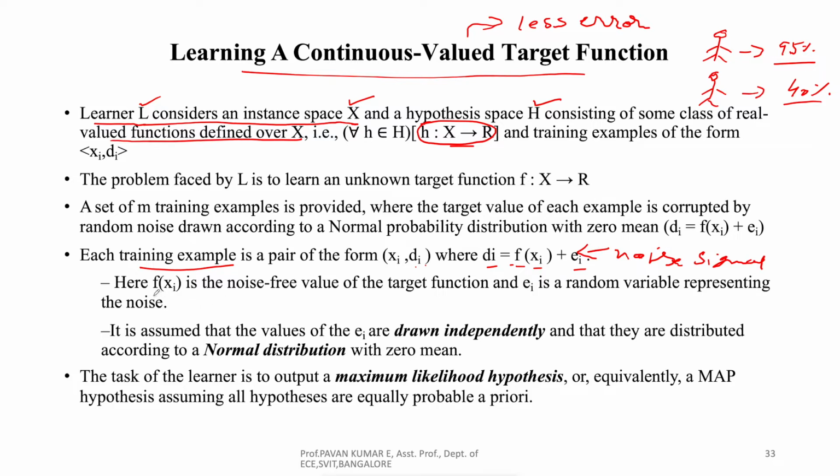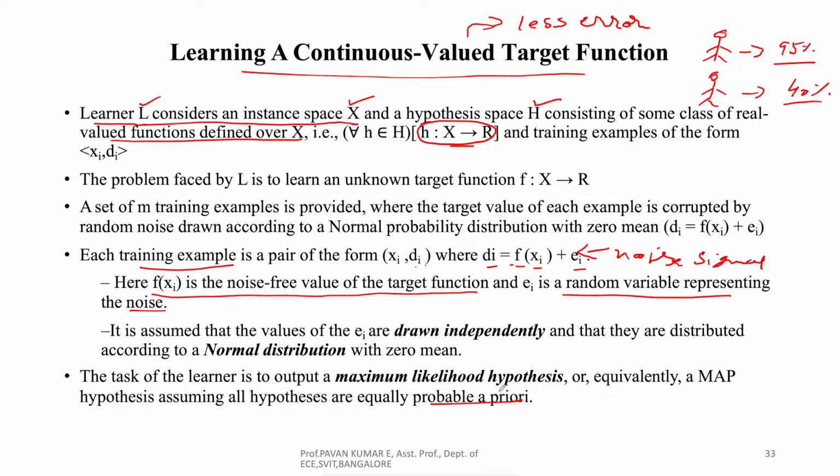Okay, so here I defined f of xi as the noise free value of the target function, whereas ei represents a random variable representing the noise. Okay, the task of the learner is to output a maximum likelihood hypothesis or, equivalently, a MAP hypothesis, assuming all the hypotheses have equal prior probability.